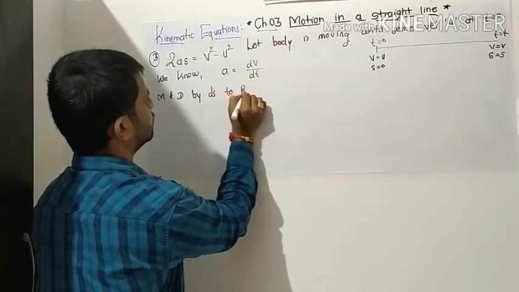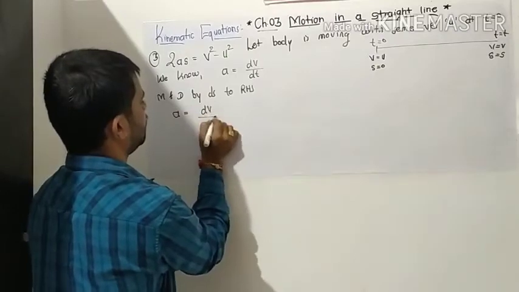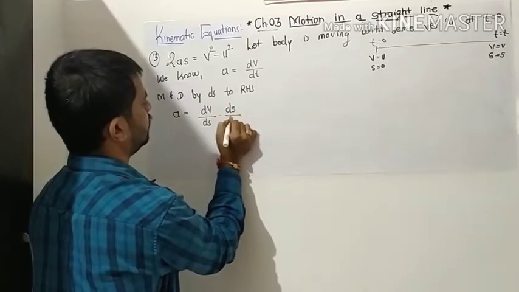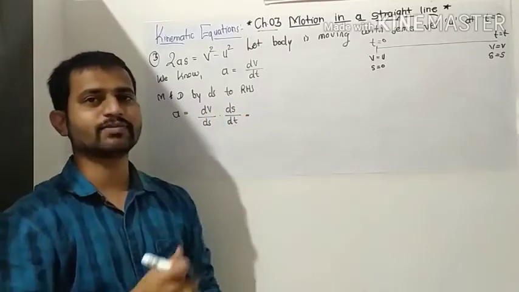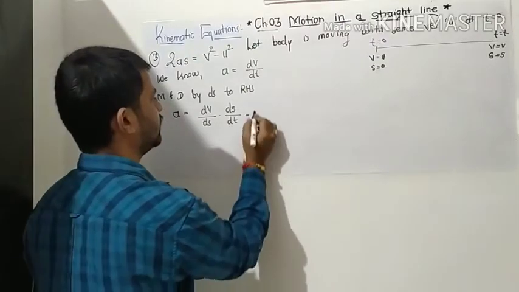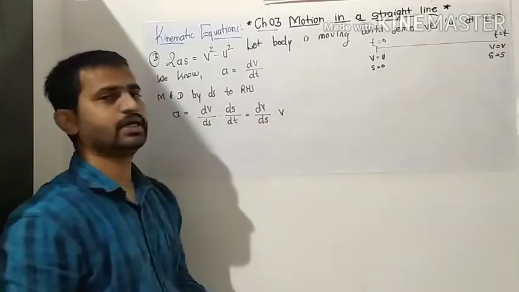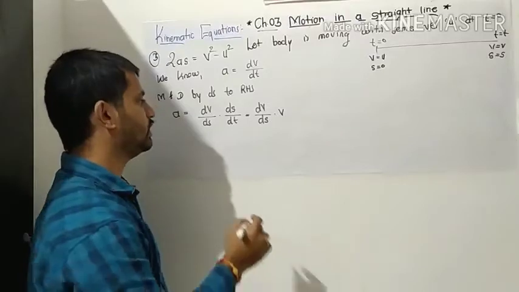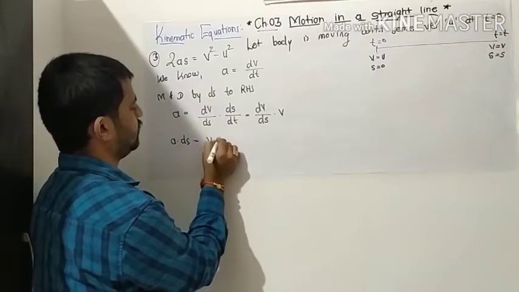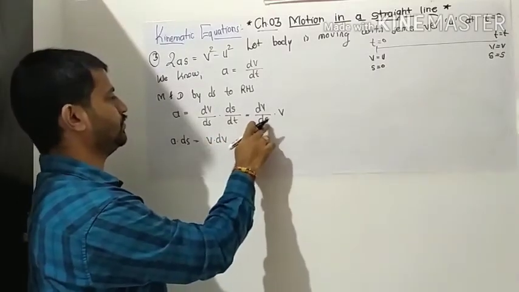We get a is equal to dv by ds into ds by dt. What is ds by dt? It is nothing but the velocity, so we get dv by ds into v. So we can write it as a ds is equal to v dv.